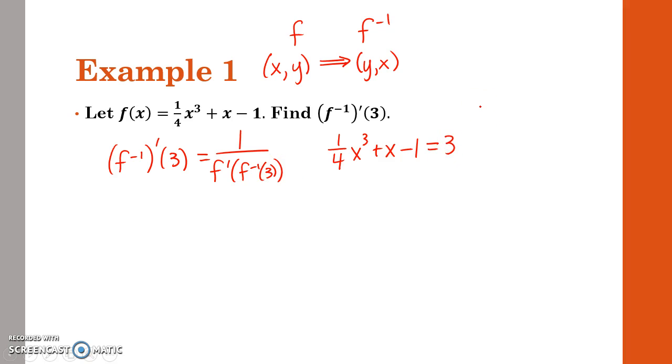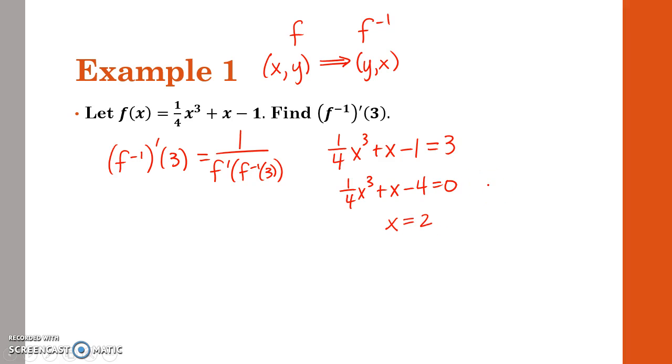We need to solve this. If we move the 3 over, we get 1/4 x cubed plus x minus 4 equals 0. Unfortunately, that is not easily factorable. But if you graph this function on your graphing calculator and find when it equals 0, you should obtain that it has a zero at x equals 2.